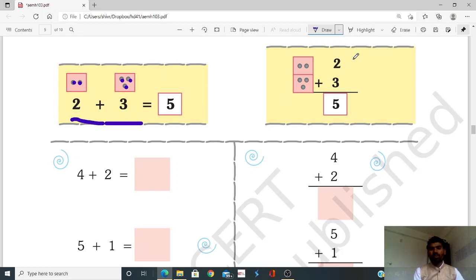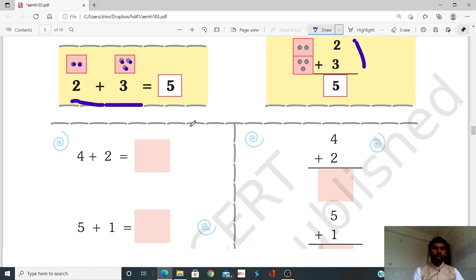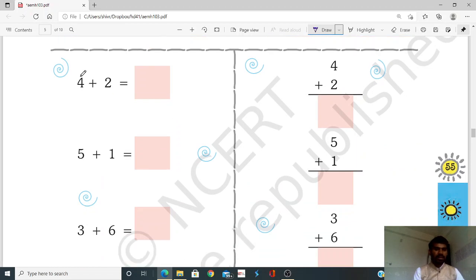horizontally or vertically also. Okay, here you can see 4 plus 2 is equal to 6, and here is the vertical.